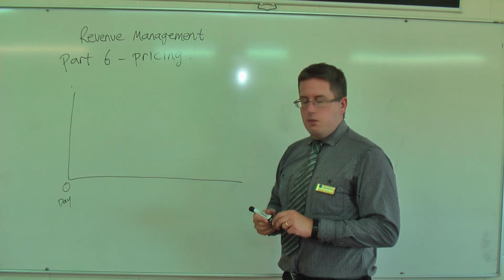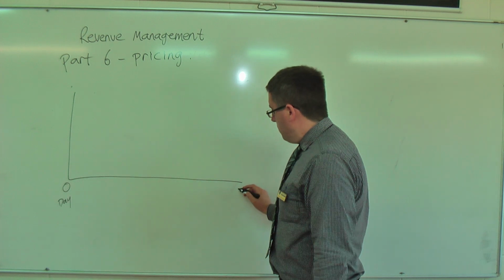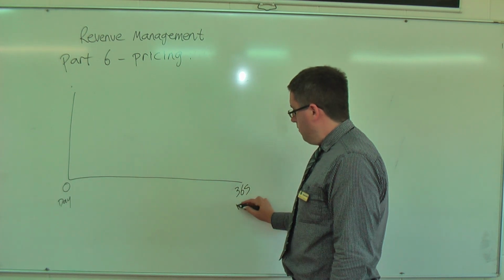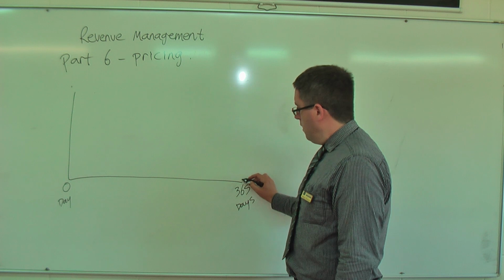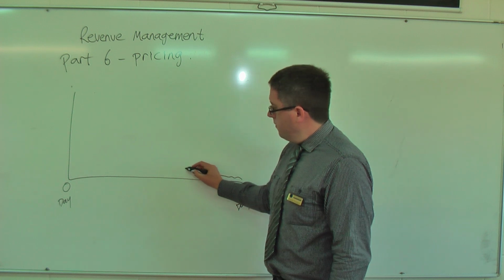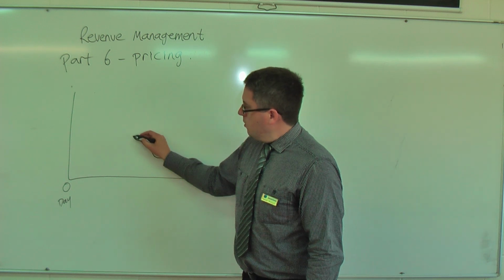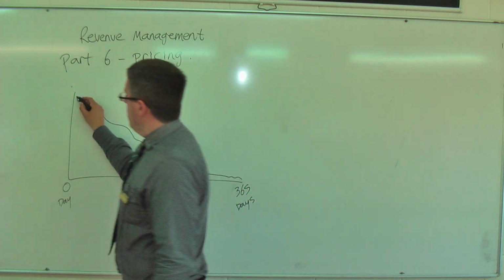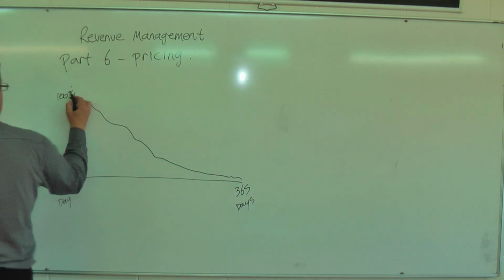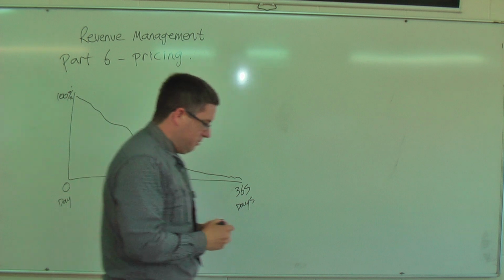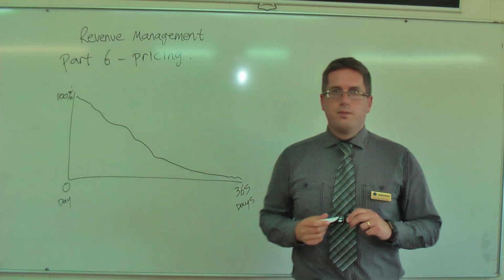And what will happen is, this is the number of days before. So maybe it's 365 days. Over time, this will keep on going up till hopefully you achieve 100% occupancy.